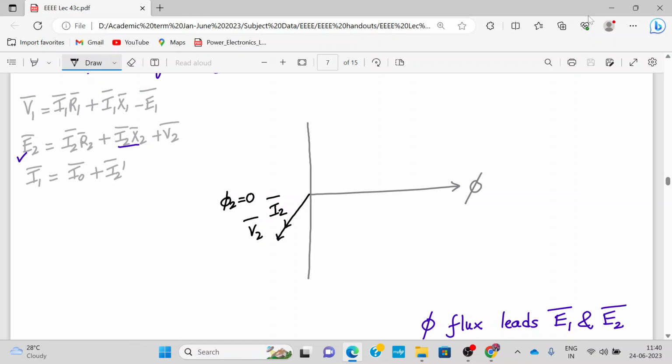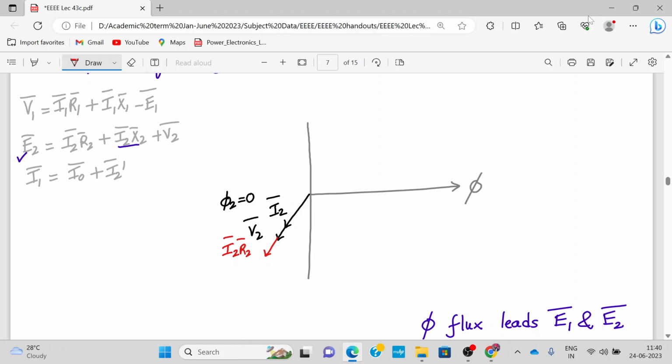Alright. Now, as per this equation, we have to add I2R2. So I2R2 will be another drop. This will be extended further, and we can call it I2R2. And we have V2 also.